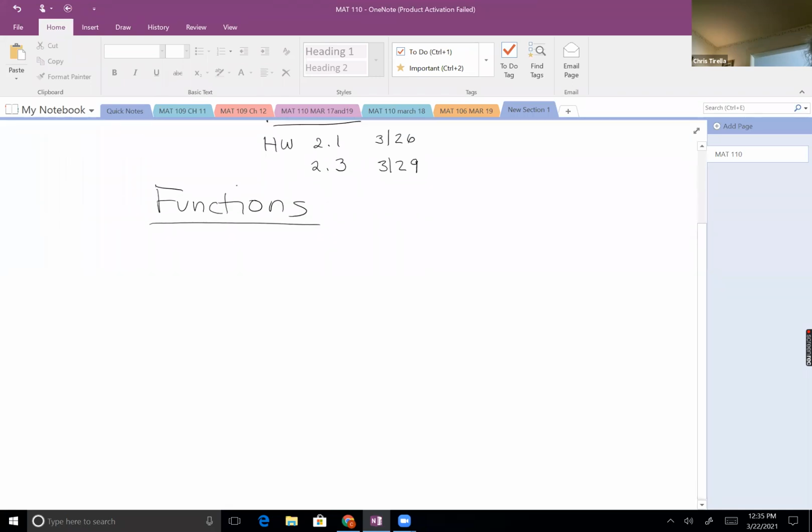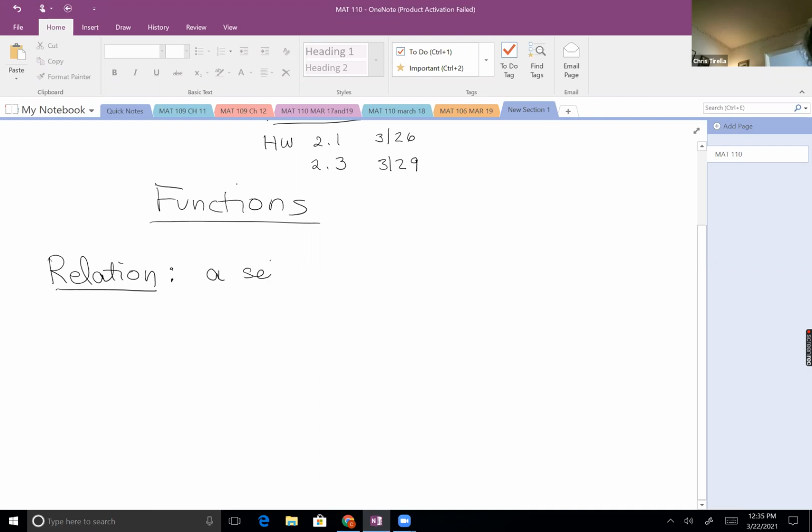But before we look at a function, there's another term that we have to define, and that's a relation. We're going to define a relation as a set of ordered pairs.